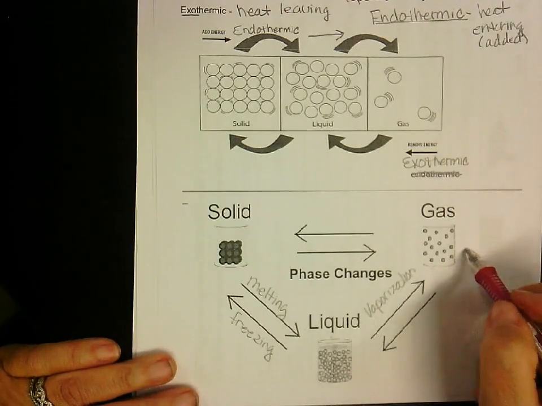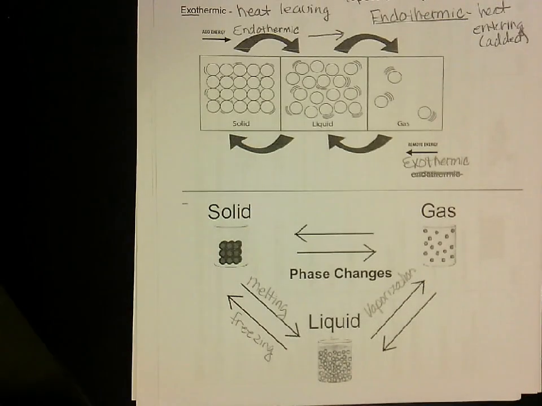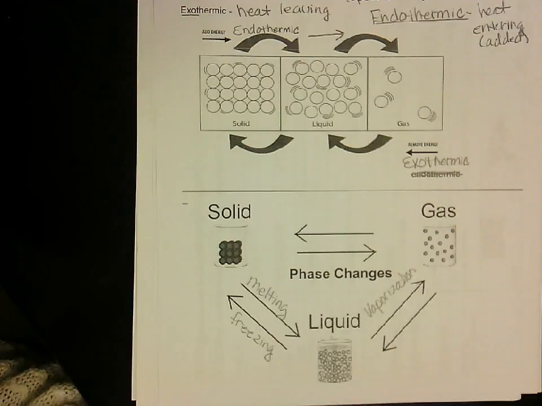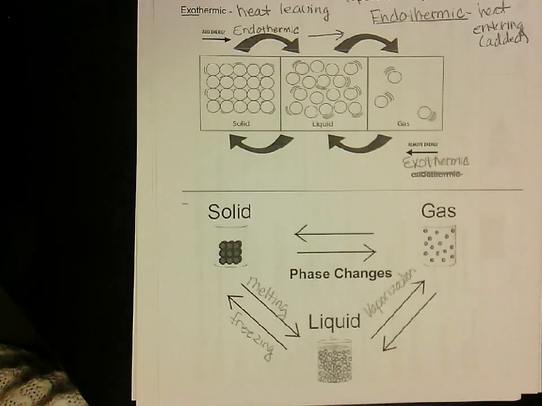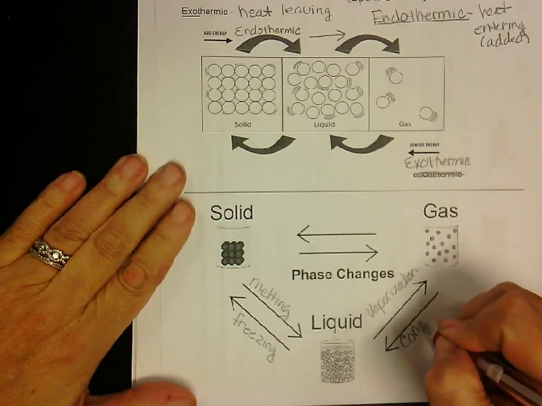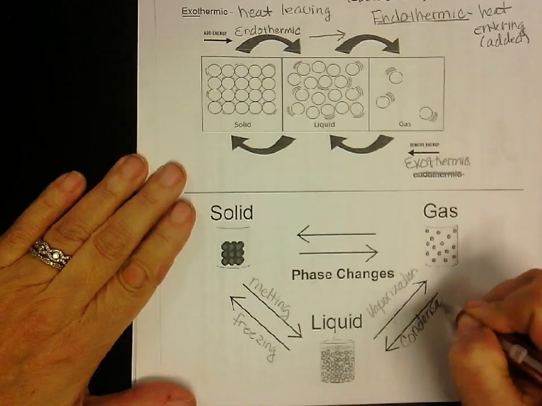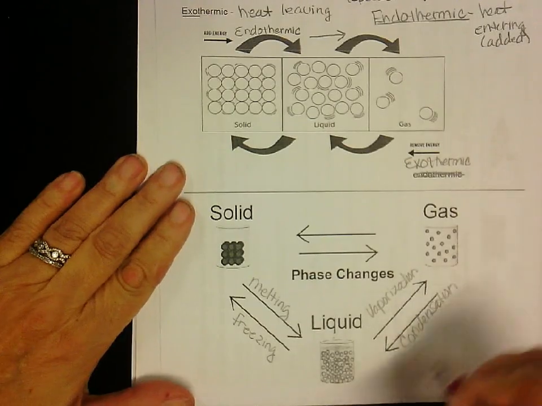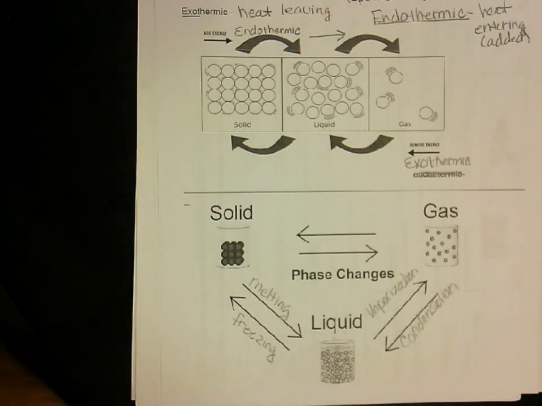And if that gas turns into a liquid, I want you to think about your glass on a hot summer day and it has ice in it. What forms on the outside of that glass? Well, what forms on the outside of the glass is condensation. And I get a lot of funny answers about where that condensation comes from. A lot of people say it comes from inside the glass.